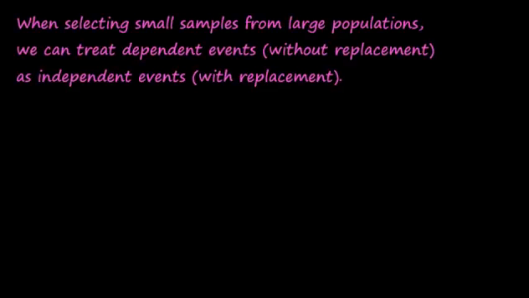One more thing about independence. There is an exception that we can use to make our calculations easier. When selecting small samples from large populations, we can treat dependent events, those that are without replacement, as independent events, those with replacement.